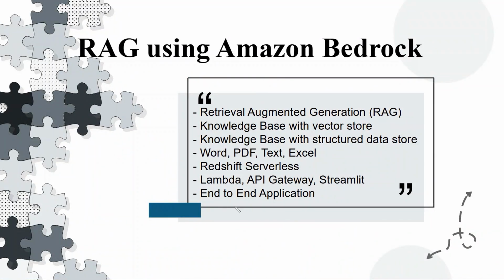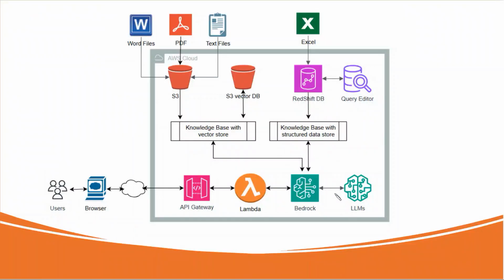Today we are going to learn how to do the hands-on demo for an end-to-end application based on workshop 1 and workshop 2. So we'll be mixing our technologies of Lambda, API Gateway, and Streamlit. This is the topology which we wanted to talk about.